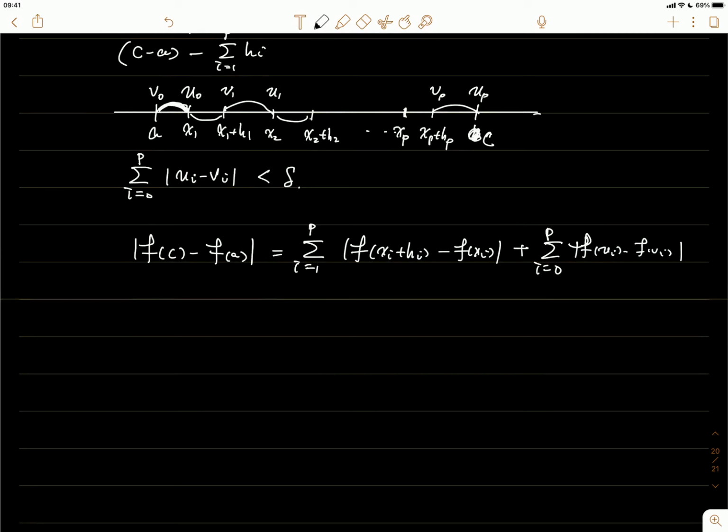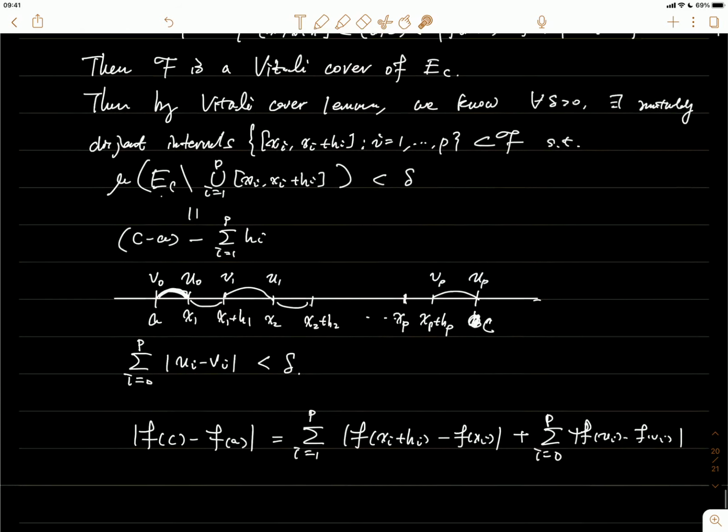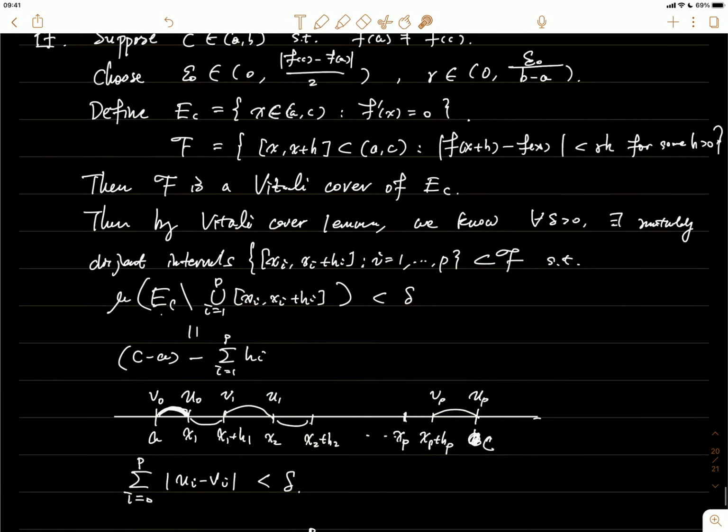And then let's look at the first term. We know for the first term that the x_i plus h_i was chosen such that this one is less than r times h_i. Right? So we know that. That's how we chose this Vitali cover.